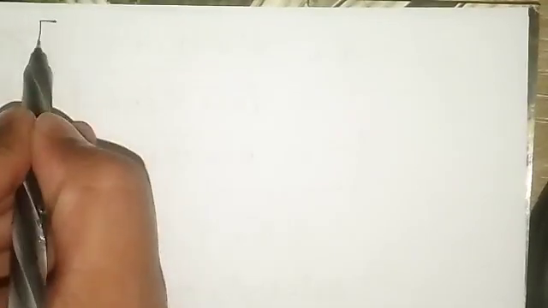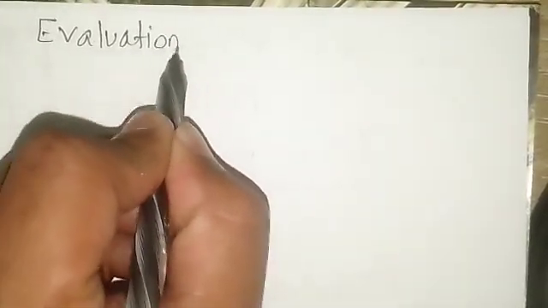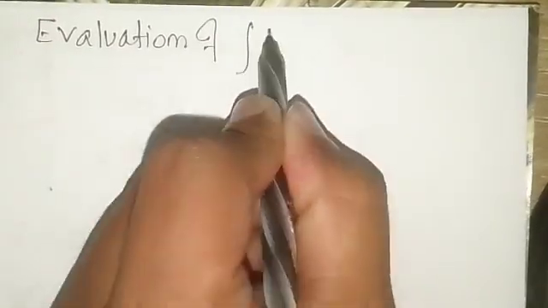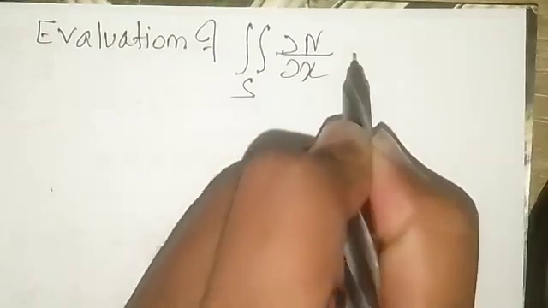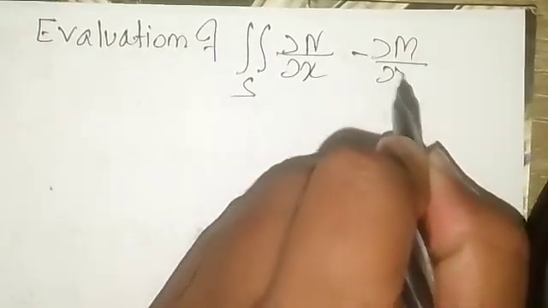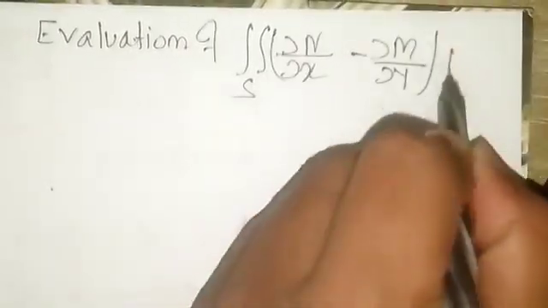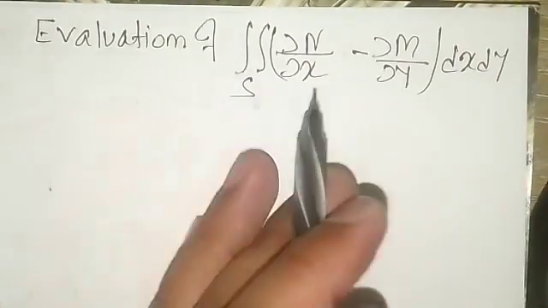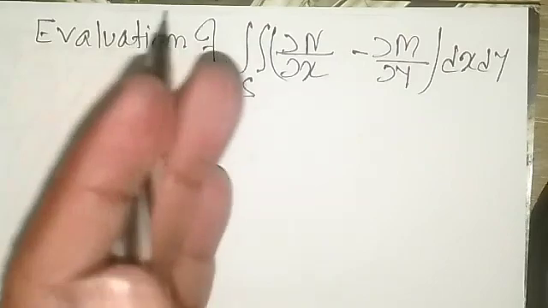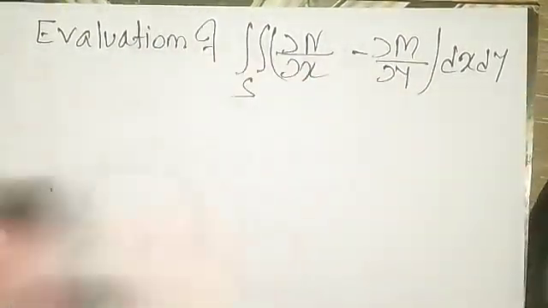So now we can go for the next evaluation. Evaluation of the surface integral of dou n by dou x minus dou m by dou y into dx into dy, right? So now it is ranging from where to where? That is x ranges from 0 to 2 and y ranges also from 0 to 2.